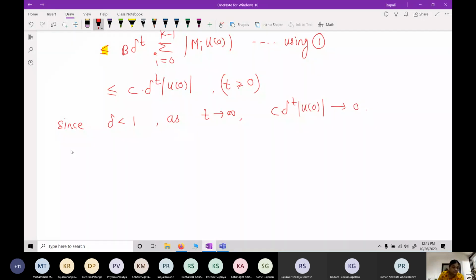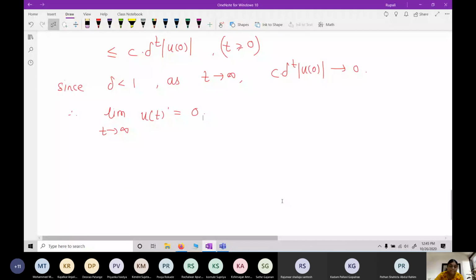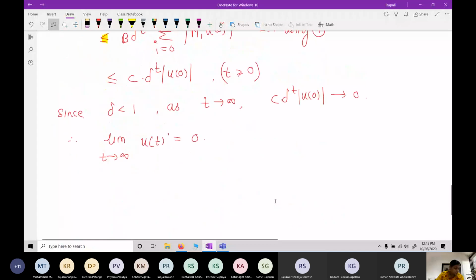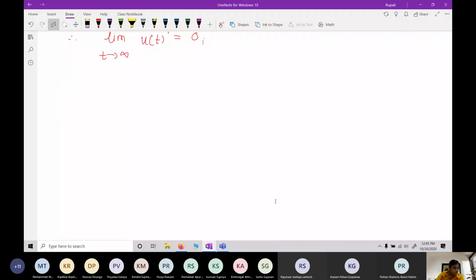Therefore, limit t tends to infinity of u t must be 0. Is that okay? Note that this completes our proof.